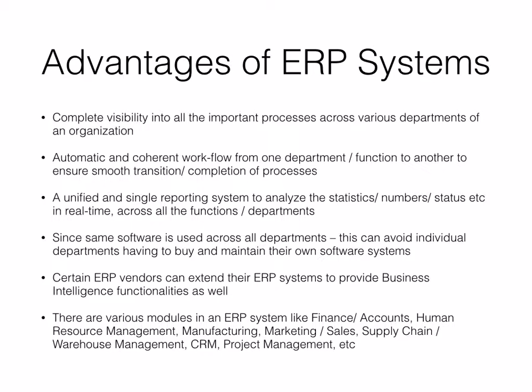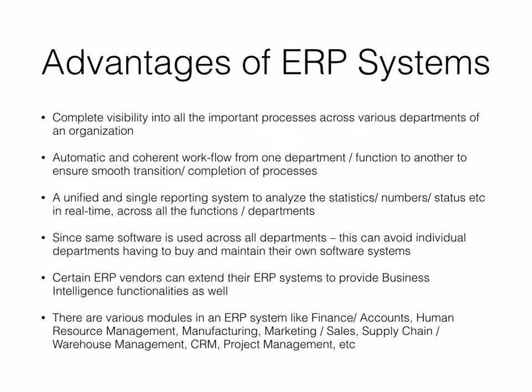Since the same software, in general, is used across all departments, this avoids individual departments having to buy and maintain their own software systems. It also reduces the expense of duplicate data and the amount of storage you need to be able to house that duplicate data.